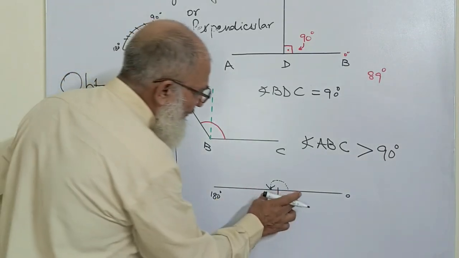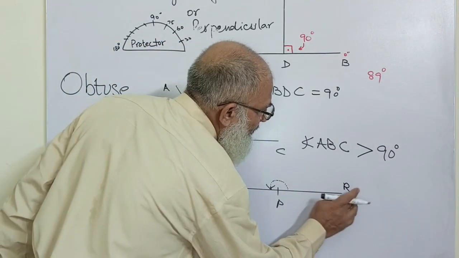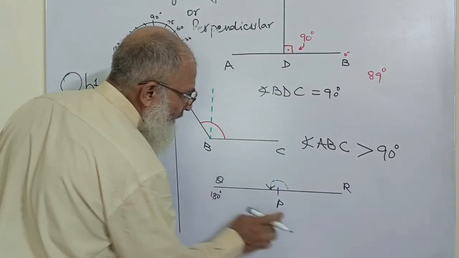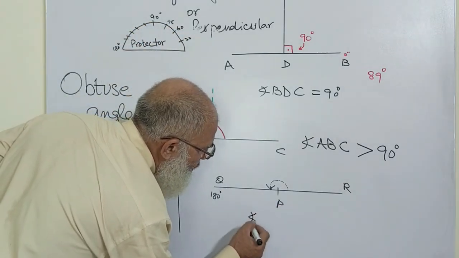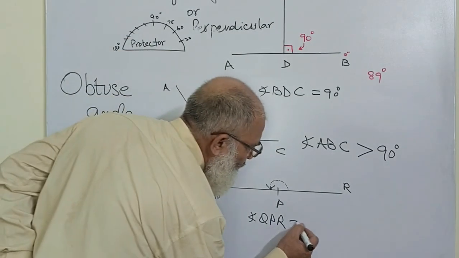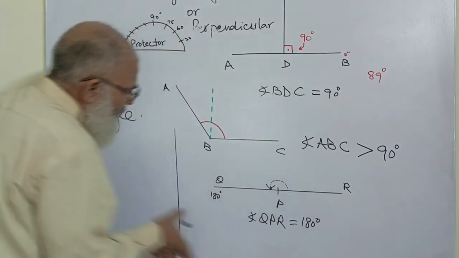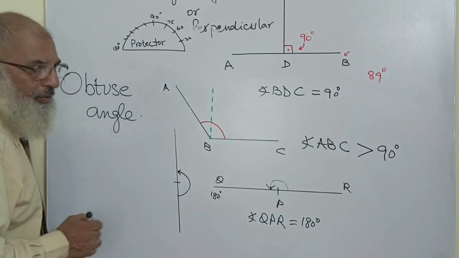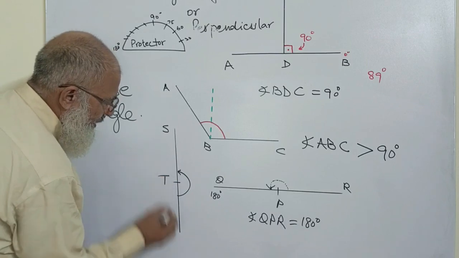180 degree. Now this angle, QPR, angle QPR is a straight angle which is equal to 180 degree. Now it may be in horizontal position, it may be in vertical position. Now this is the angle which we are concerned with, and it may be STU.